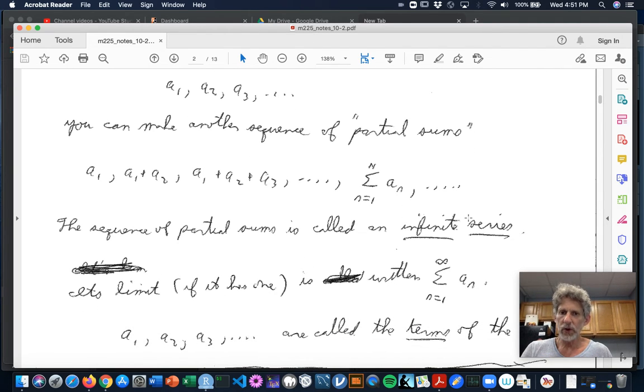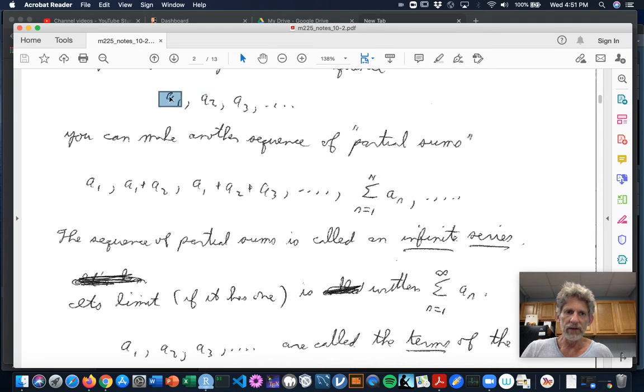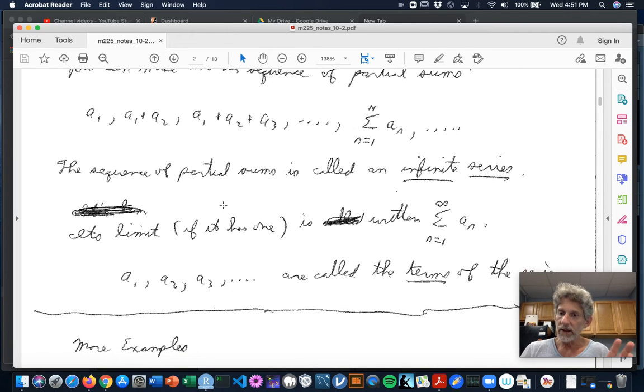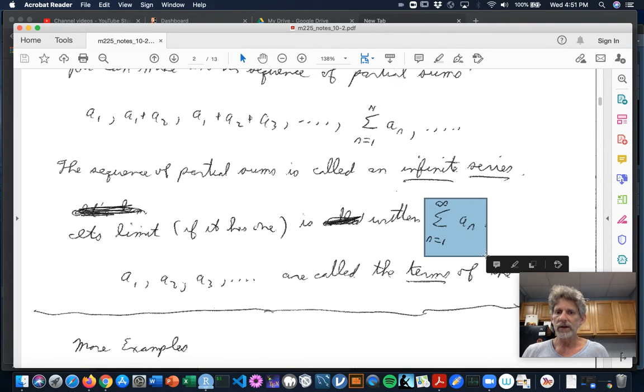A sequence of partial sums of some other sequence is called an infinite series. The a sub 1 and the a sub 2 are called the terms of that infinite series. And the limit of that infinite series, if it has one, the limit of the partial sums, is written like that. So it's written as if you could somehow add up all of the terms at once.